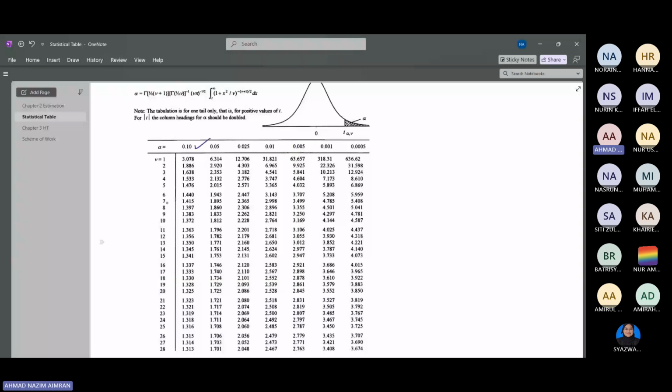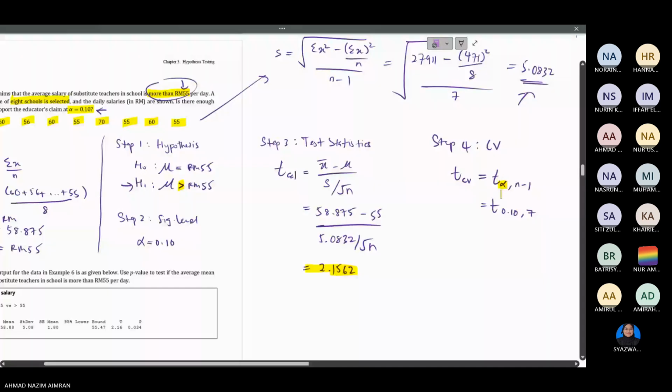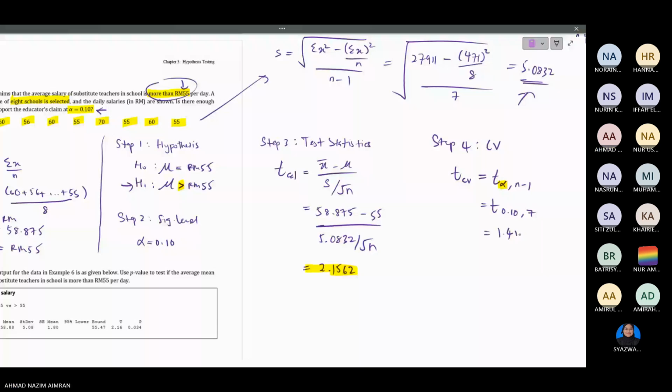Therefore, the value is equal to 1.415. Go back to this module, and the critical value is equal to 1.415. You need to compare these two values.